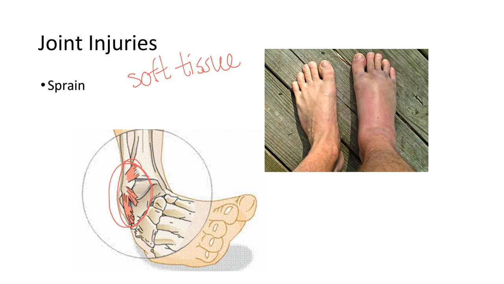Treatment for a sprain is obviously going to be rest, and ice to bring down the swelling. You can do some compression. You can also use some passive motion to try to move the swelling out of the area, but then basically just giving it time to heal.